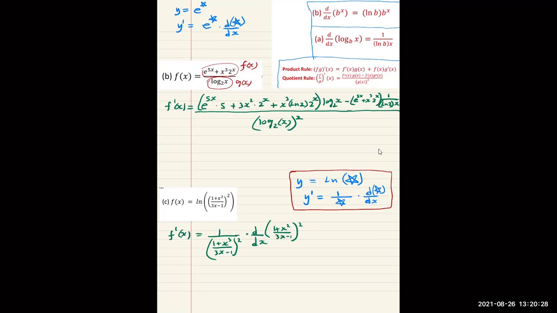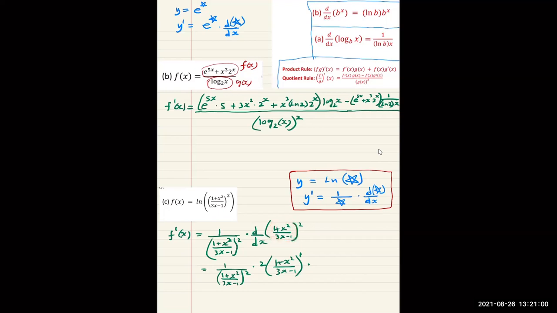So we get this is equal to 1 over 1 plus x squared divided by 3x minus 1 whole thing squared times, I'm applying the star rule here, 2 times your star, 1 plus x squared divided by 3x minus 1 to the power 1, times the derivative of your star. Your star is this expression.